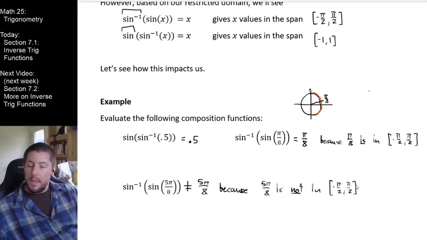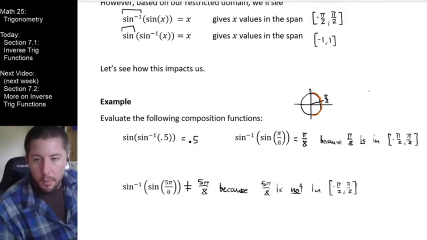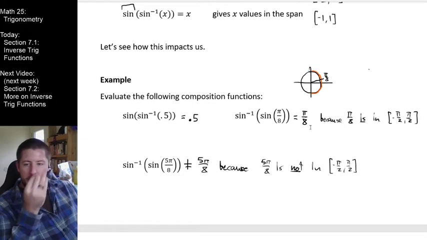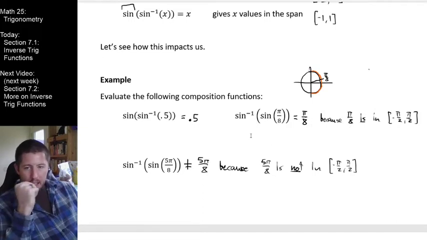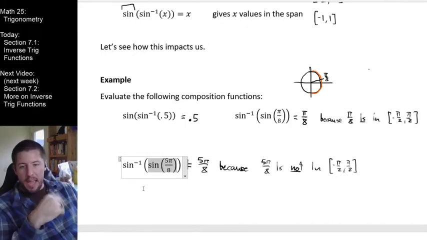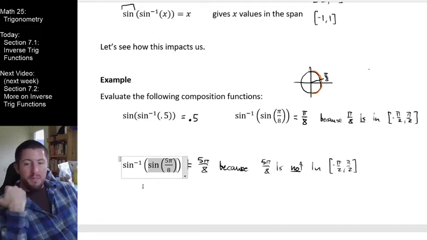So this is where things get a little bit trickier. We've got to pay a little bit closer attention. So now I'm saying, well, does this mean we just can't do it? And I don't think so, because here's the deal. I can totally take the sine of 5 pi eighths, because the domain of sine really should be everything. I can plug anything I want into sine. But another thing you're noticing is we've never done anything in terms of pi eighths, so I don't know what sine of 5 pi eighths is.